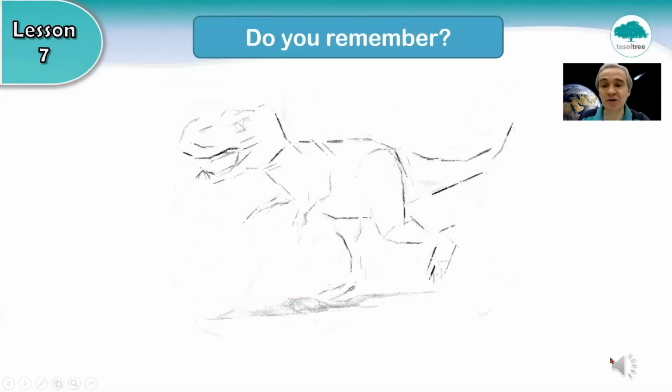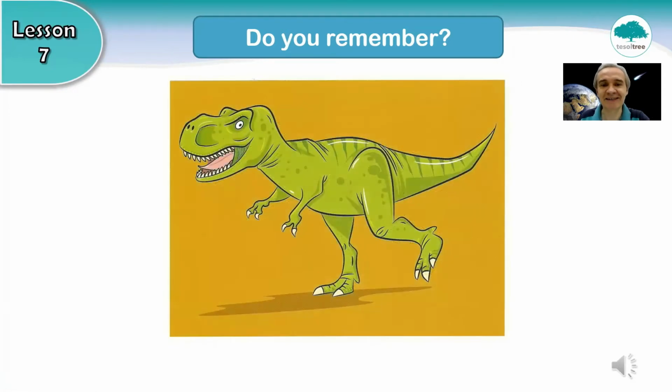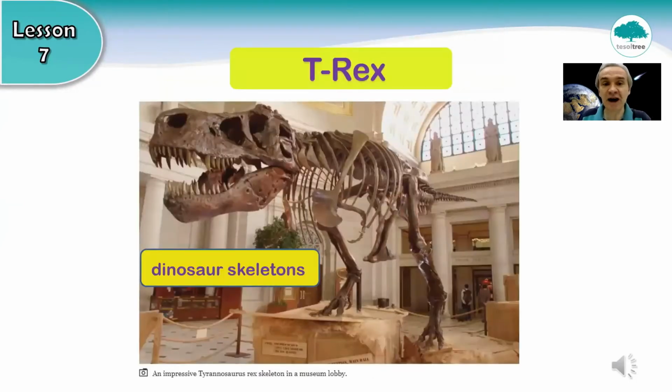Okay, so do you remember what this is? It's a dinosaur. And this is how we spell dinosaur. Now we have many different kinds of dinosaur. Here is an example of a dinosaur skeleton for a T-Rex.